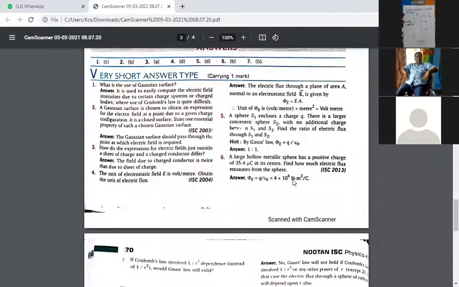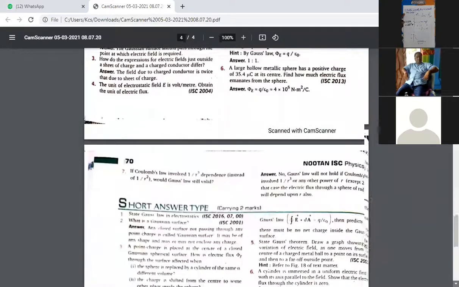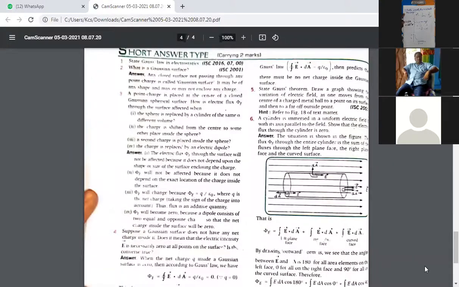And then here short answer type. Here you will find many things like this. What is the use of Gaussian surface? It's clear. So you will do these questions. State Gauss law in electrostatics. What is a Gaussian surface? So you will do these questions.